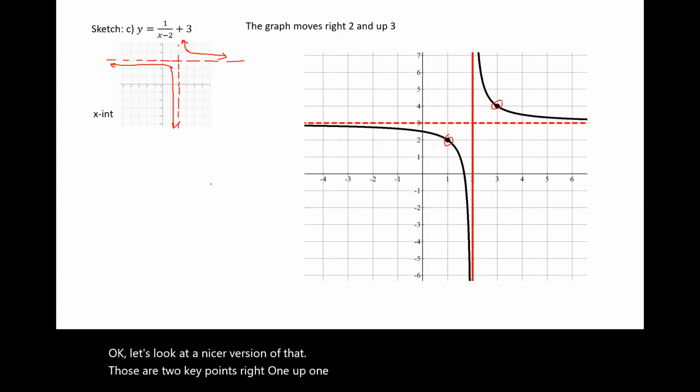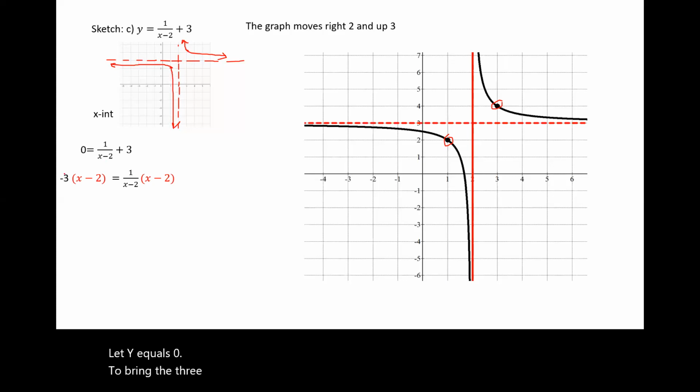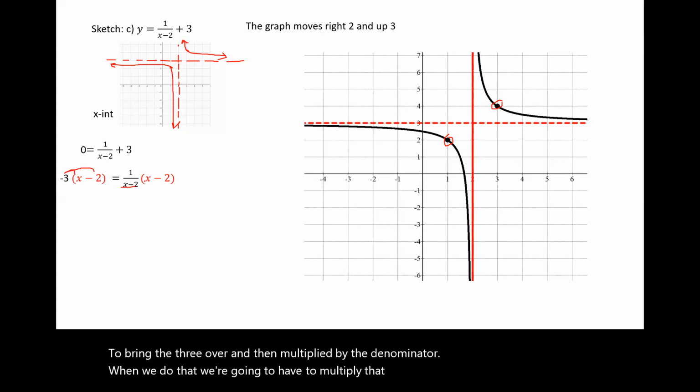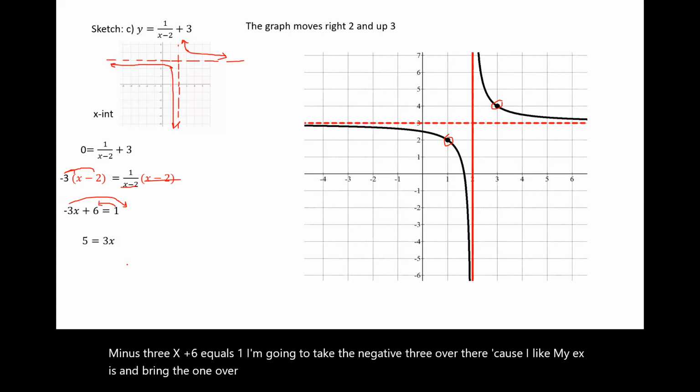Let's find the x-intercept. Let y equal 0. I'm going to bring the 3 over and then multiply by the denominator. When we do that, we're going to have to multiply that out, and those we'll just get rid of. So minus 3x plus 6 equals 1. I'm going to take the negative 3x over there because I like my x's positive, and bring the 1 over here, and then divide both sides by 3.